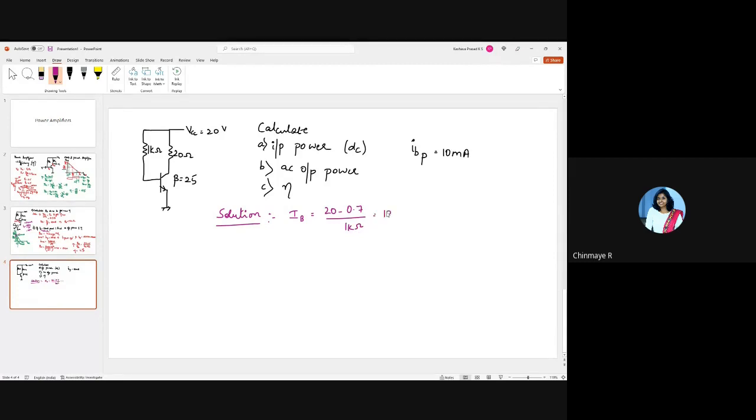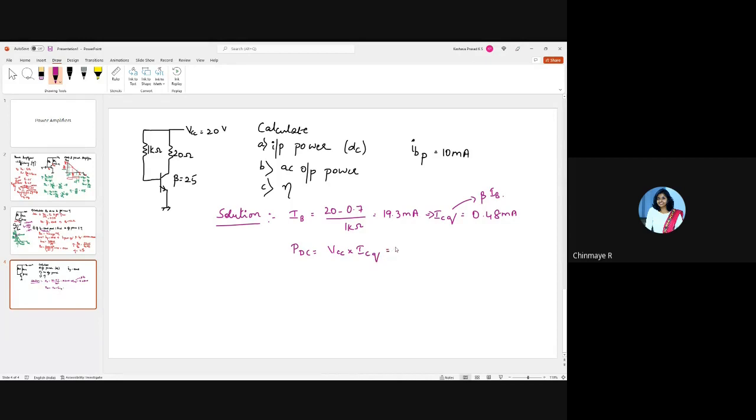Which is 19.3 milliamperes. So which gives us an ICQ of how much? 0.48 amperes. This is nothing but beta times IB. Okay. So now what will be PDC? This is nothing but VCC into ICQ.